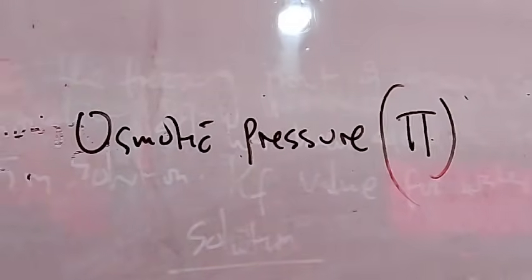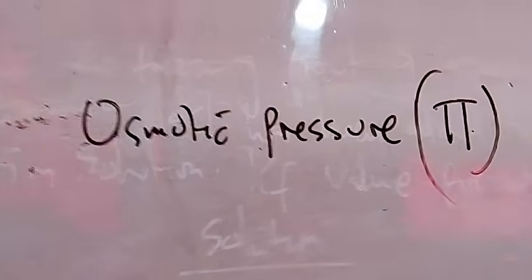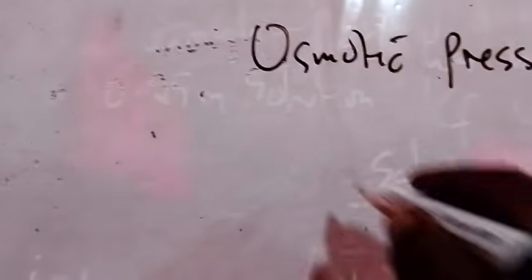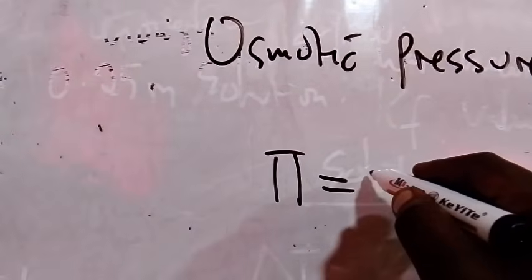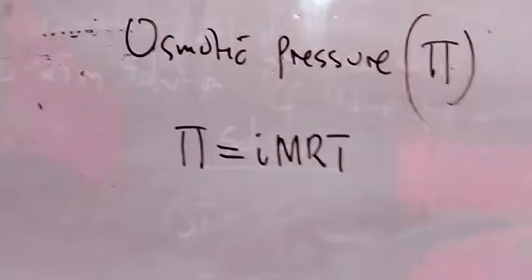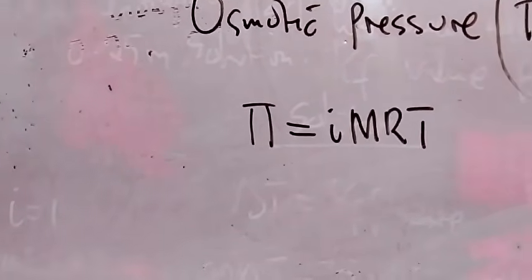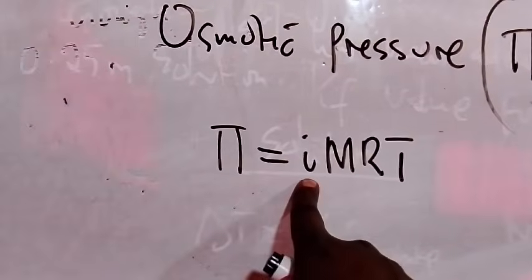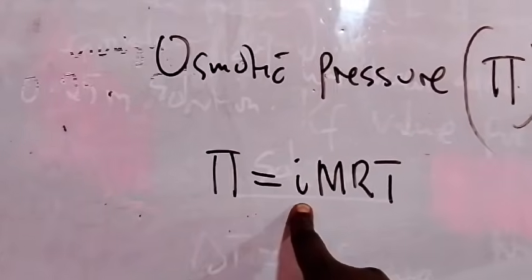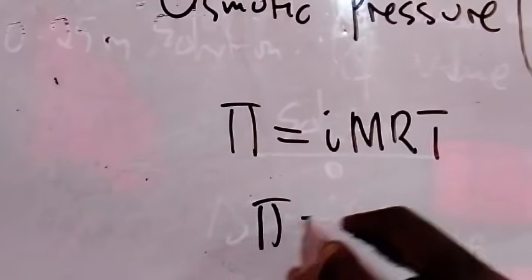Pi is equal to i m R T. This i is the Van 't Hoff factor.